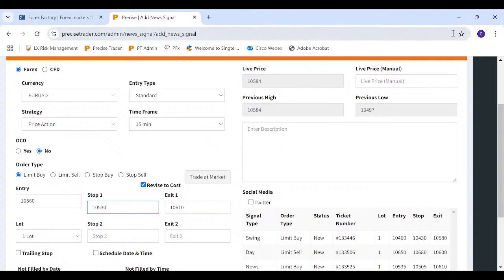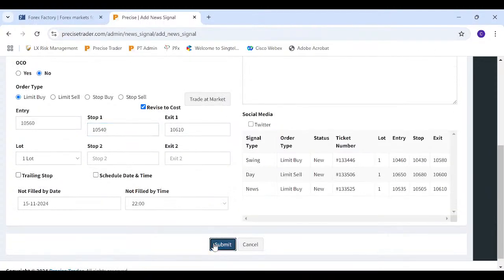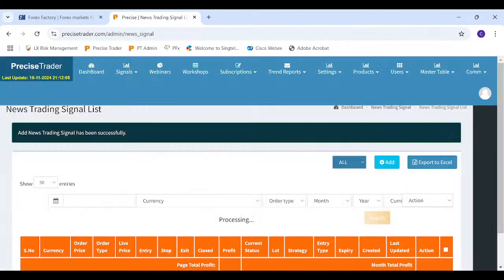Okay, so we can afford to put at 40. Then TP at 610. Okay, this is for euro dollar.